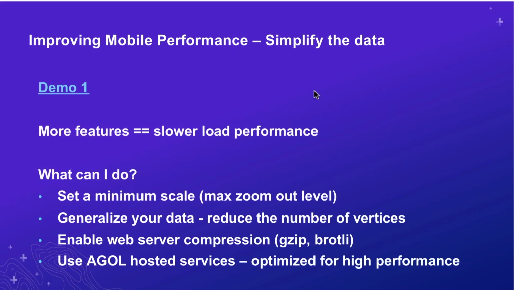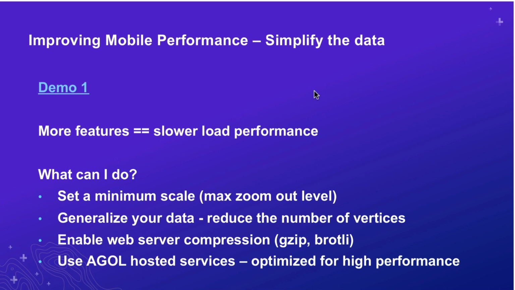So more features is going to be slower load performance. And more features at some point, you can eventually reach the point where you're just overloading that particular browser, whatever that number is for your particular machine and your internet connection.